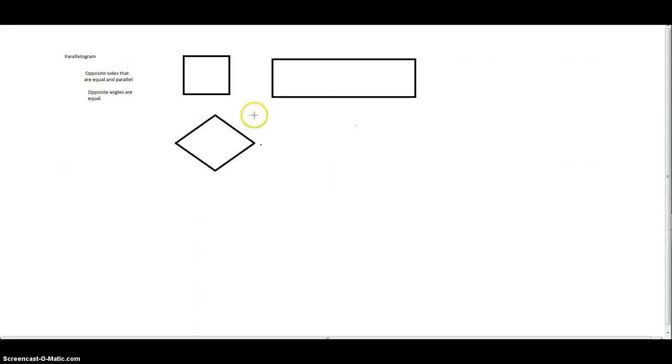So as you can see, opposite sides are parallel on all three of these shapes.